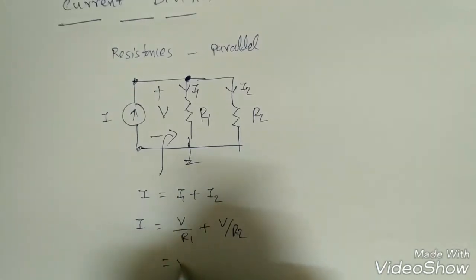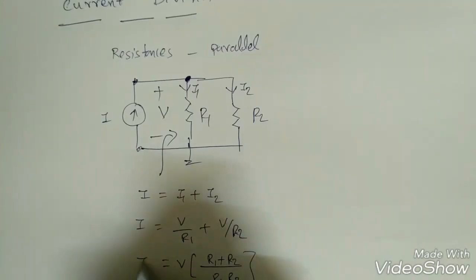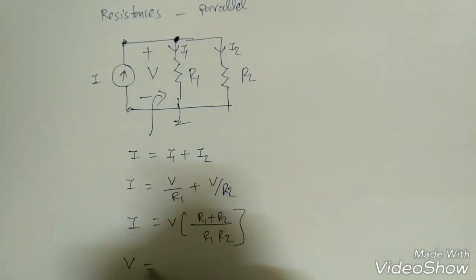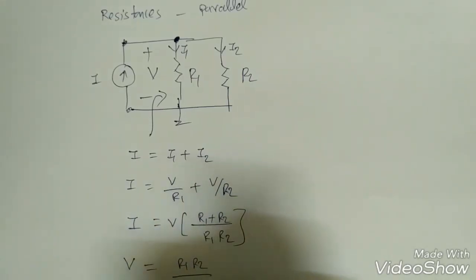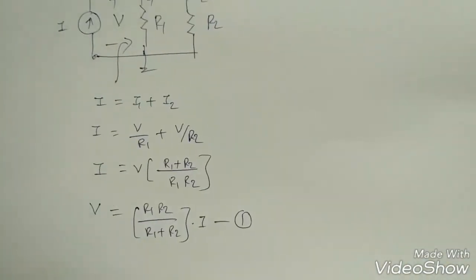If I take V common, it becomes R1 plus R2 by R1 R2, into V, and that is I. Or we can say V is equal to R1 R2 by R1 plus R2, into I. That is equation 1.